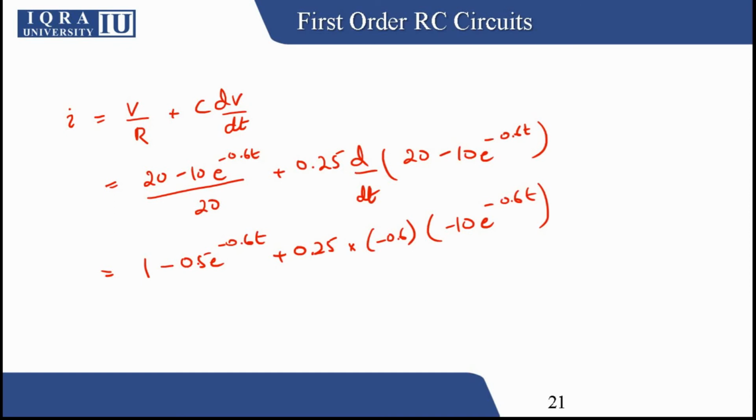When we take the derivative of an exponential, it becomes the same exponential, and the derivative of the power comes in front. So this is the equation, and if we solve this, we will have 1 plus e power minus 0.6t. So this is the current equation.